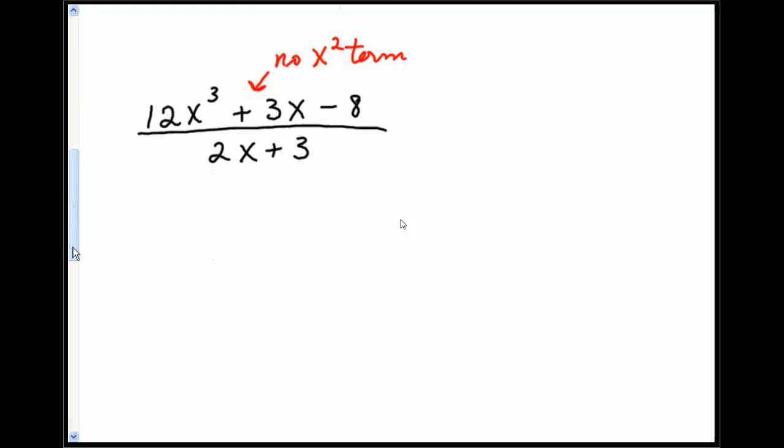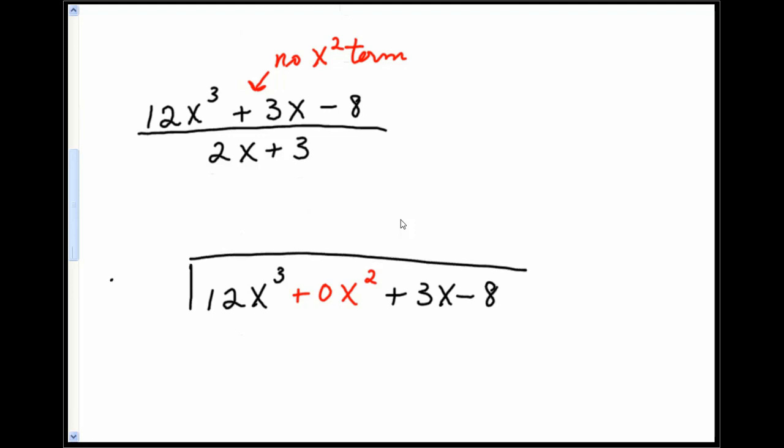So what I mean by that is we will have 12x to the third plus 0x squared plus 3x minus 8, all of this divided by 2x plus 3.